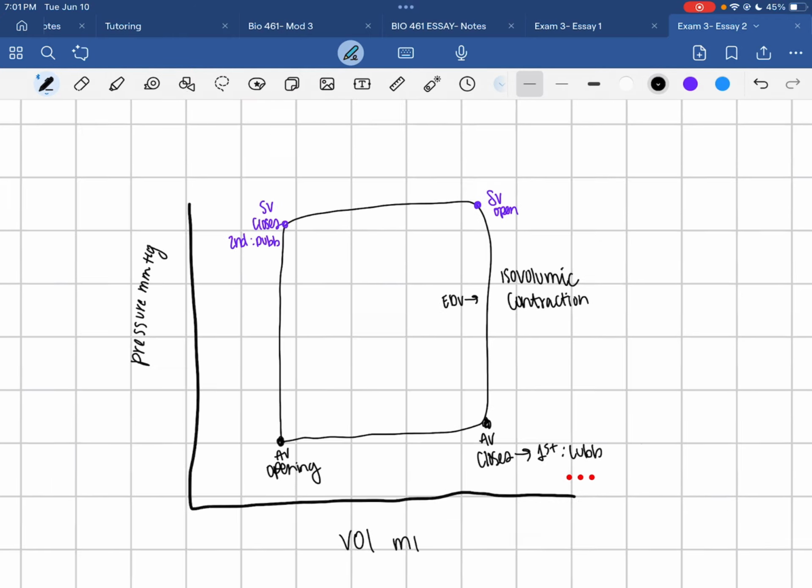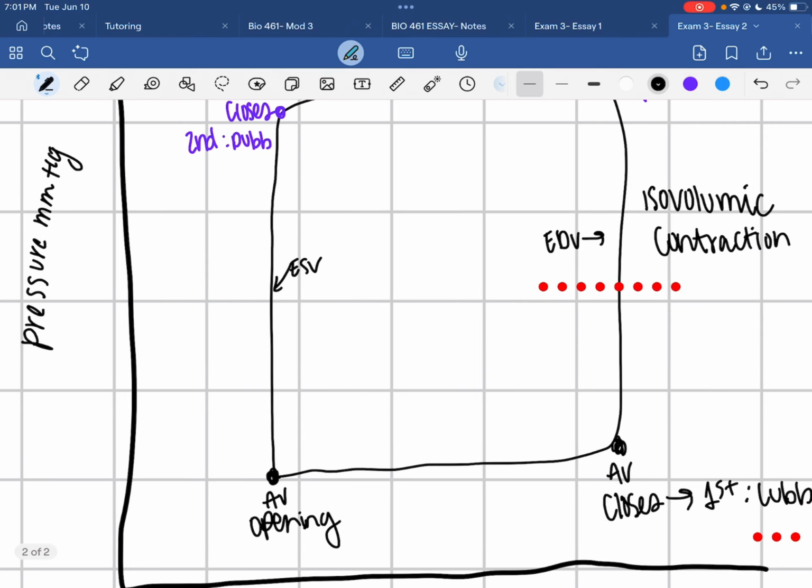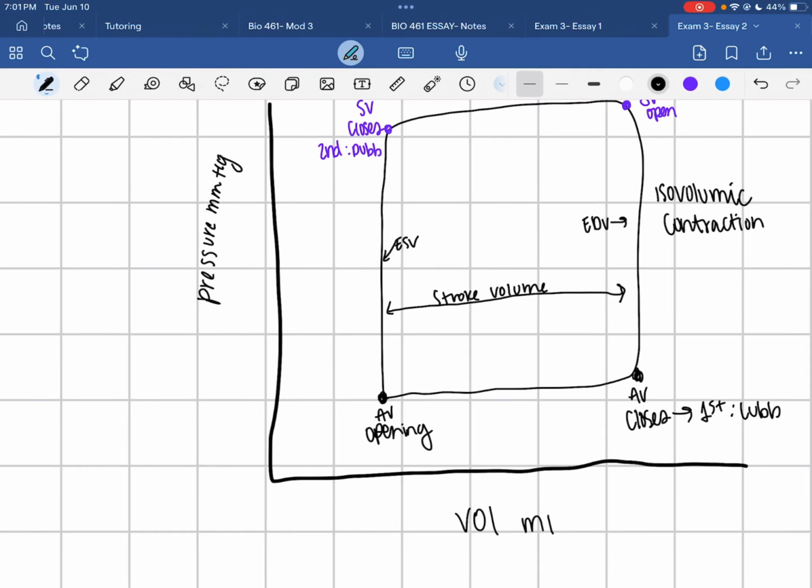Okay, then we have our end diastolic volume on this end, and we are currently looking at the left ventricle. And right here, this would be our stroke volume.